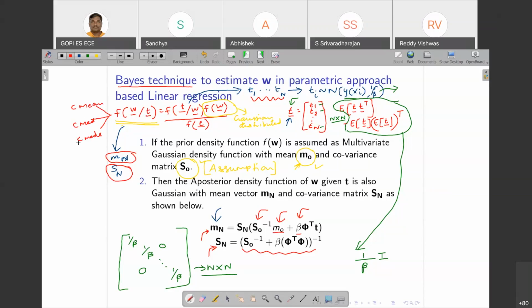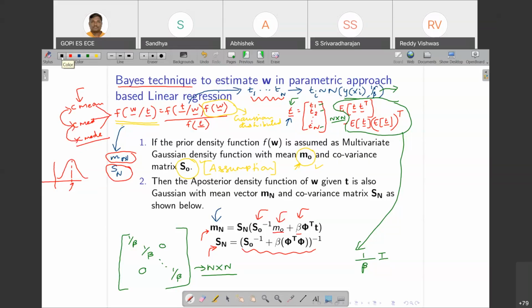Because when it is Gaussian distributed, mean, median, mode, everything will come into the single point. The same value only will come. So if I have a Gaussian density function, the conditional mean and conditional median and conditional mode all are going to be the same. So in that case, what is the estimate of W?